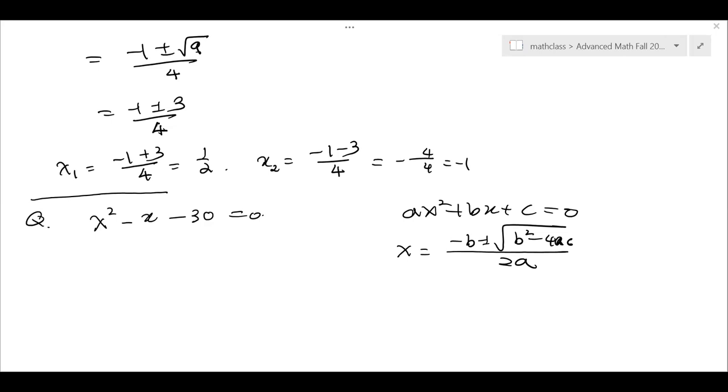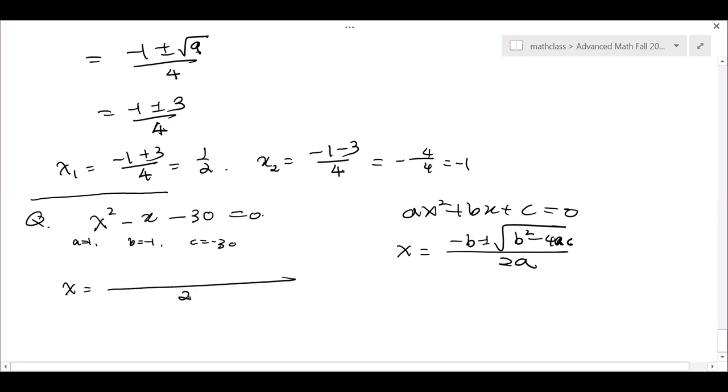Okay, I only got an answer from Ivan. Anyone else? So let's see, what is a? A is 1, b equals negative 1, c equals negative 30. So plug them into the formula: 2 times 1, negative b plus or minus the square root of b squared minus 4ac.